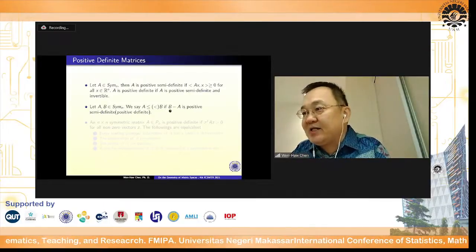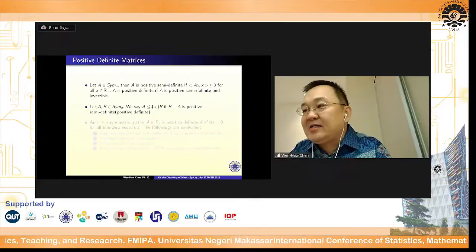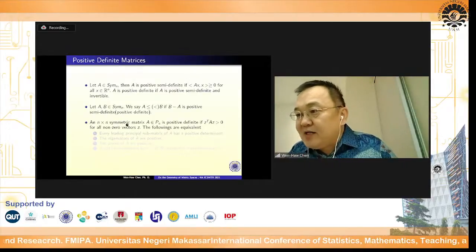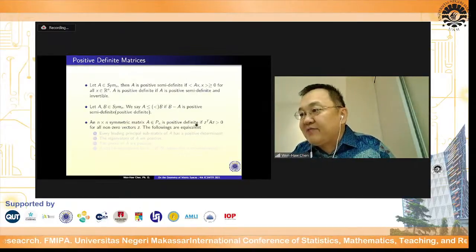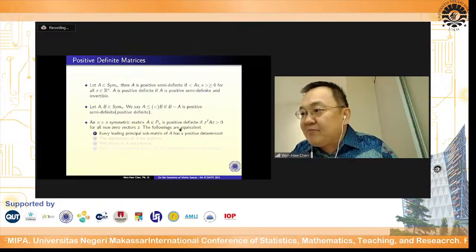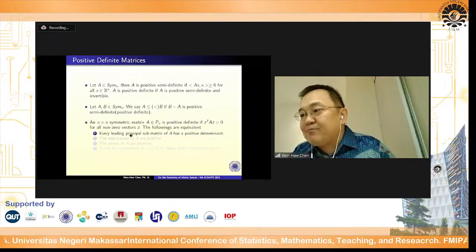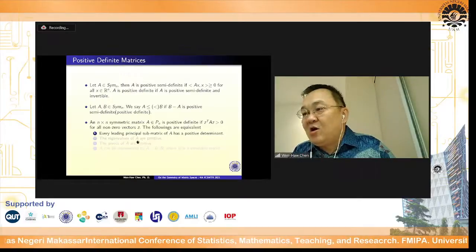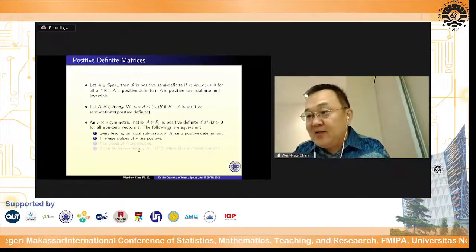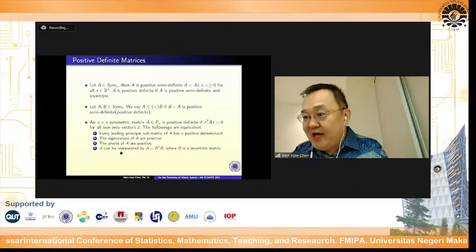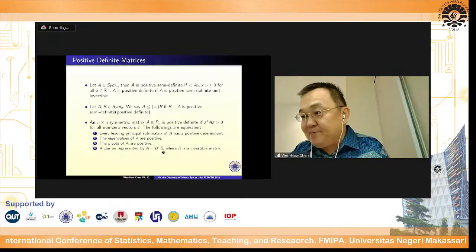We can use this idea to define A less than or equal to B, or A less than B. So an n by n symmetric matrix is positive definite if, just like a list of properties: every leading principal submatrix of A has a positive determinant, or the eigenvalues are positive, or the pivots of A are positive, or A can be represented by this kind of matrix.